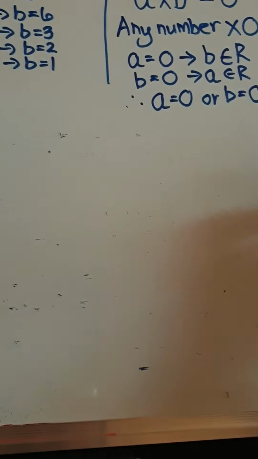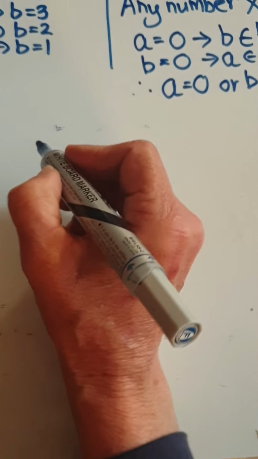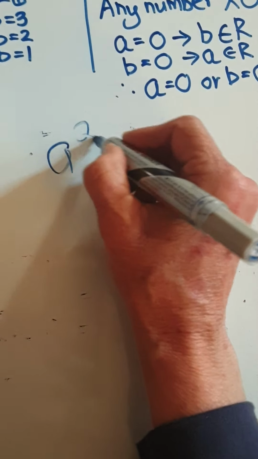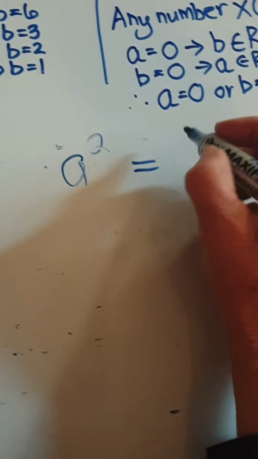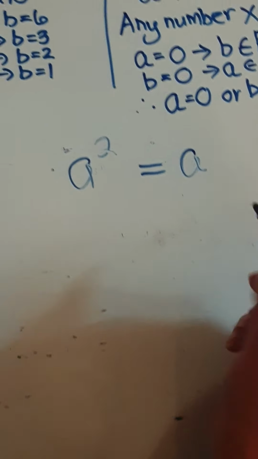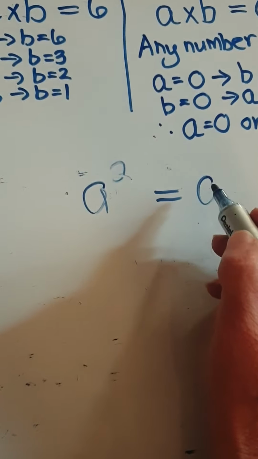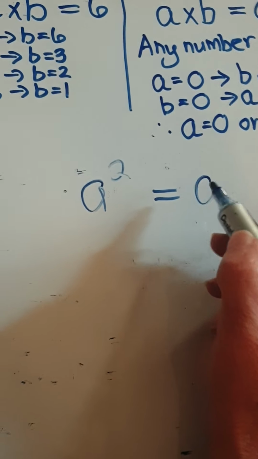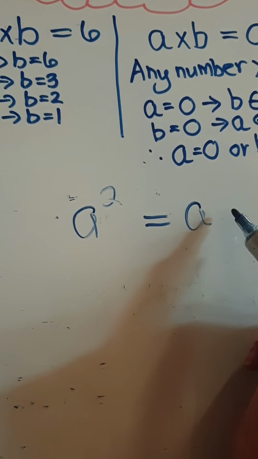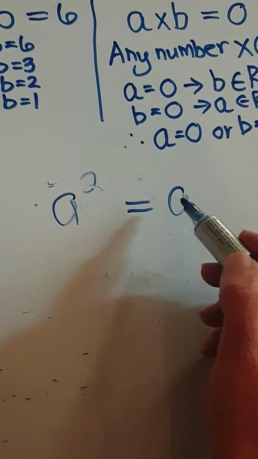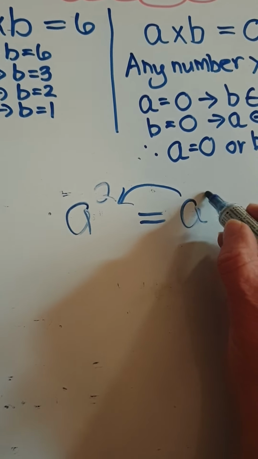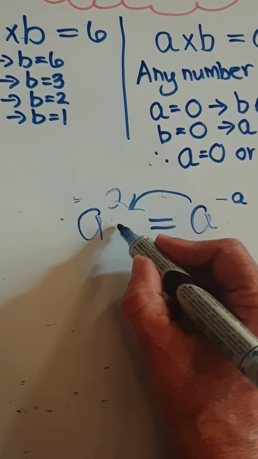So if I have an expression, say for instance, a squared equal to a, how do I solve this equation? What do I want? I want factors on the one side and 0 on the other side. So I'm simply going to take the a to that side by subtracting a on both sides.